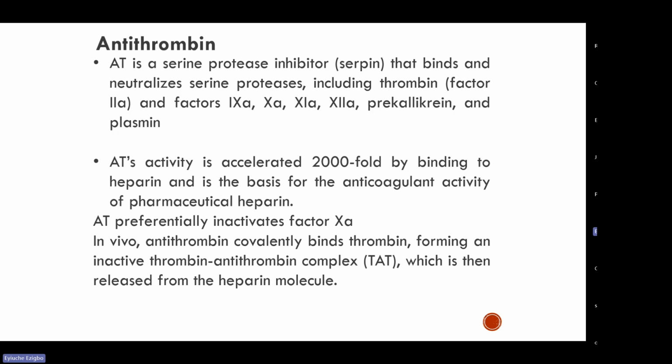Antithrombin covalently binds thrombin, forming an inactive thrombin-antithrombin complex, which is then released from the heparin molecule. So the main takeaway from here is that antithrombin blocks or slows down blood coagulation by neutralizing factors such as thrombin, factor 9, factor 10, factor 11, factor 12, prekallikrein, and plasmin.